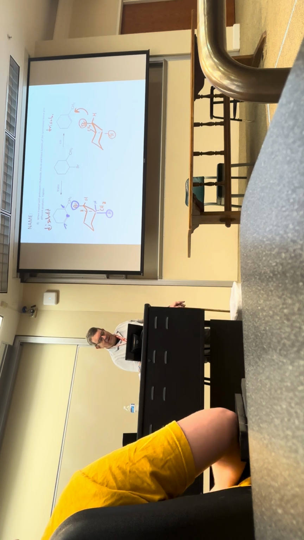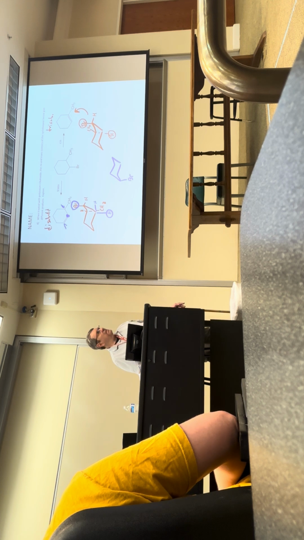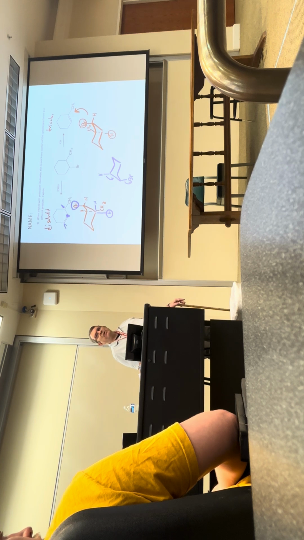So if you happen to have axial and it's up, then trans is down and cis is up. If I put the bromine over here and made it axial down, then cis is down and trans is up. But the point is that this will only eliminate when you have both groups trans and anti to each other.